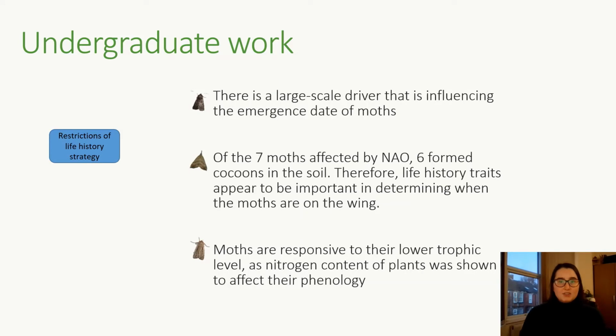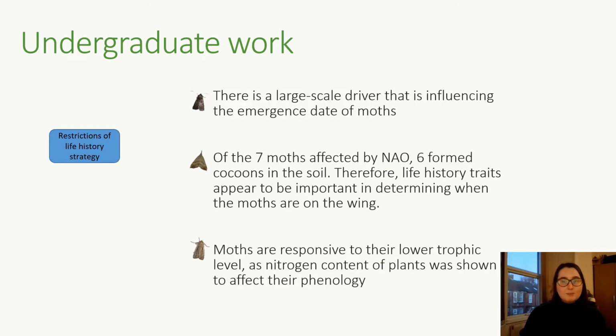So my PhD has been focusing on using life history traits to decipher what is driving phenological changes and how we might be able to predict them. Primarily, I'm interested in how restrictions of the life history strategy, so processes that impact the way a moth would go about its life cycle, can influence the phenological shifts that moth might experience.